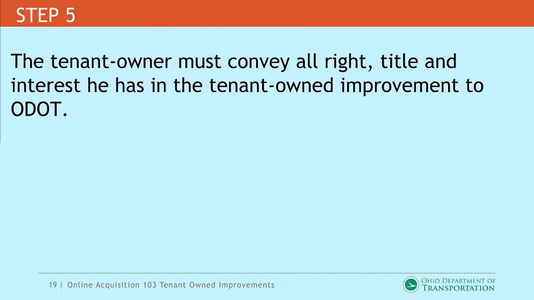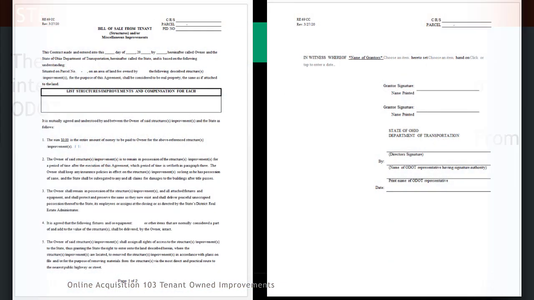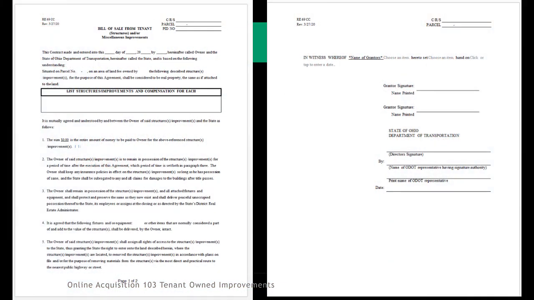Step 5, the tenant owner must convey all rights, title, and interest he has in the tenant-owned improvement to ODOT. To do that, the tenant needs to sign what is known as the Form RE66CC, Bill of Sale from Tenant. Here is the Bill of Sale of Tenant form.